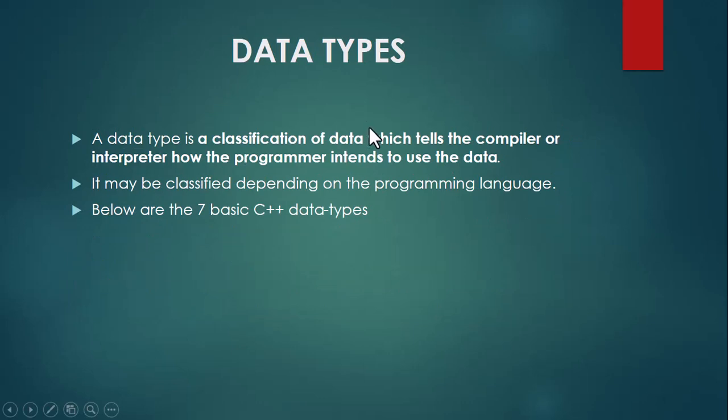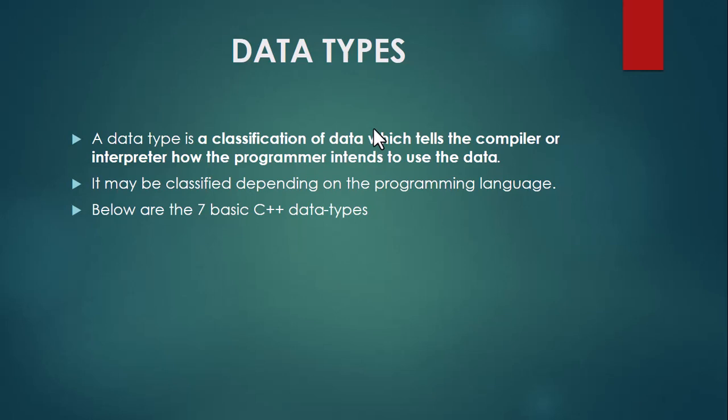So we move to data types. A data type is a classification of data which tells the compiler or the interpreter how the programmer intends to use the data. We have data, it could be an integer, a boolean, a character, or a string.